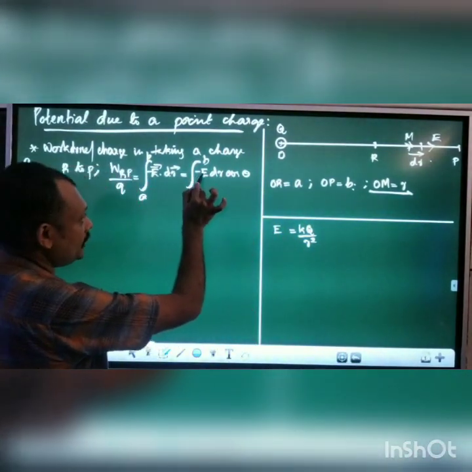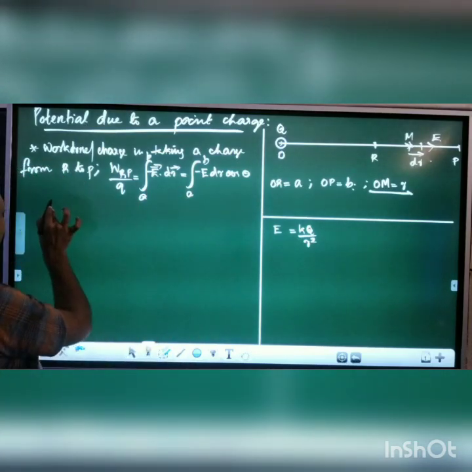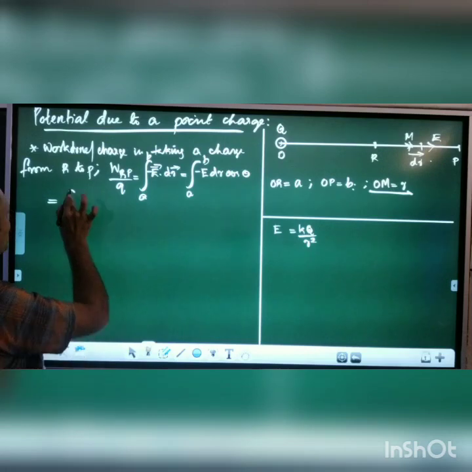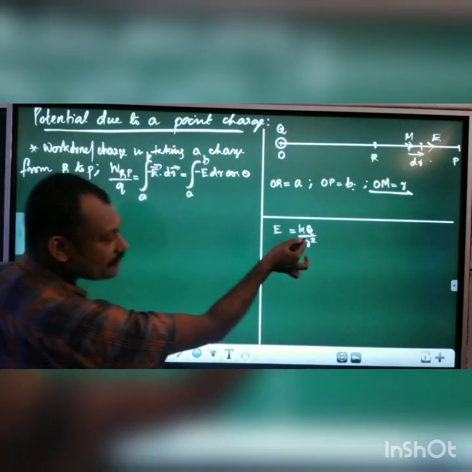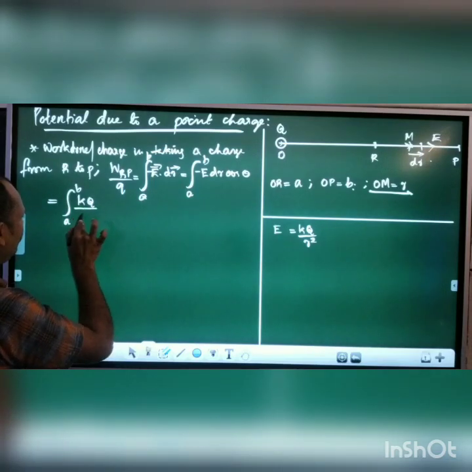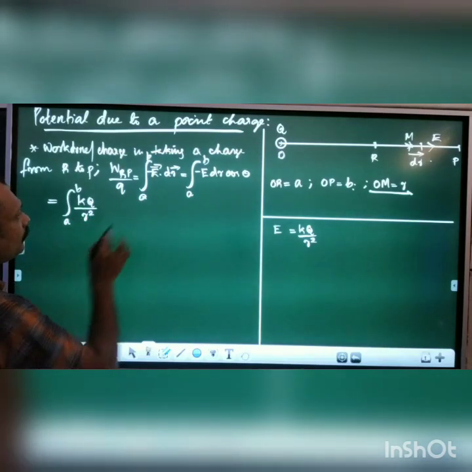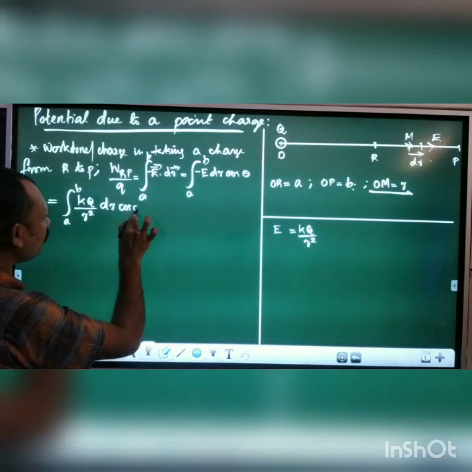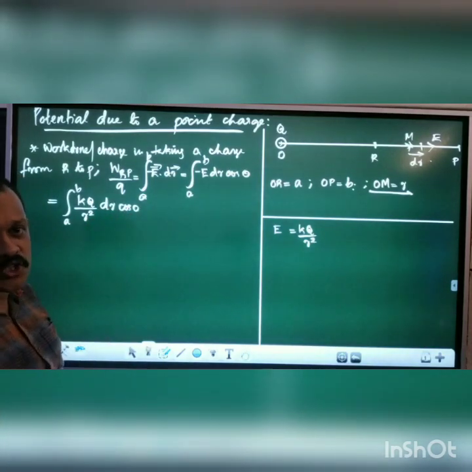Substituting the values of E and theta, we can write this as integral A to B of, what is the value of E? KQ by r square, into dr cos 0. What is the value of cos 0?